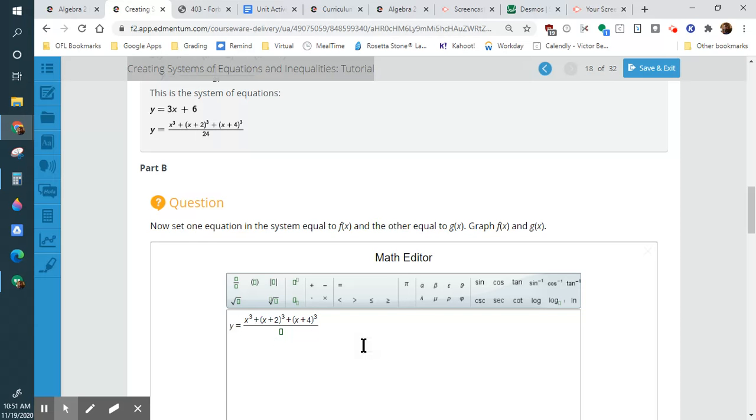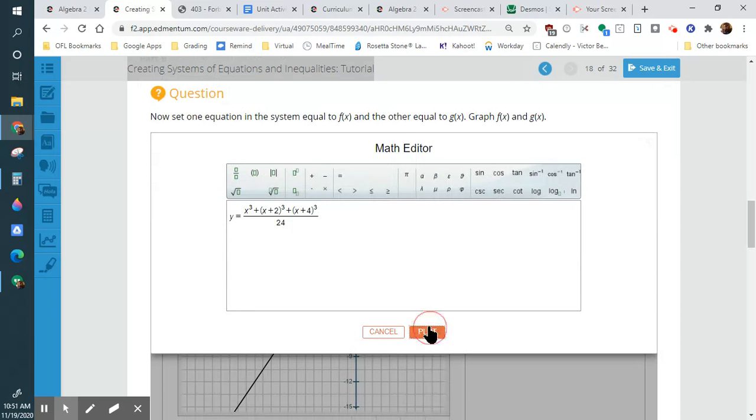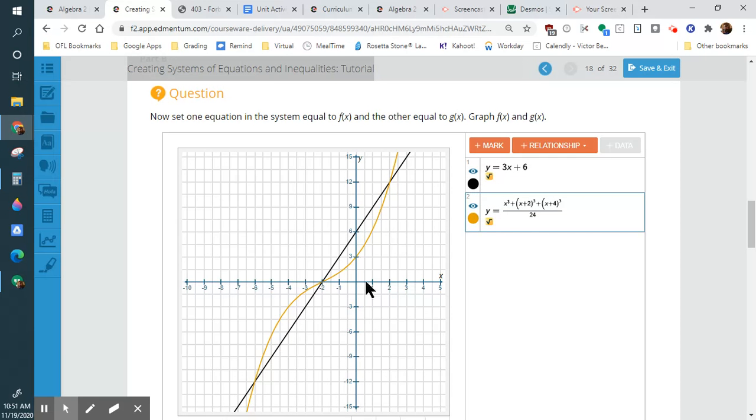And because it's an equation editor, it was able to do it all nicely. Divided by 24. To plot that, because it's a cubic function, you see the curves. 1, 2, 3 curves.